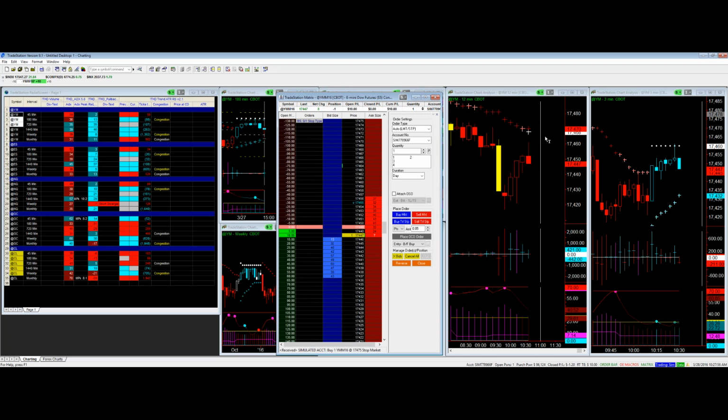Now, I could have waited until the 12-minute finished. Seeing the volume that I'm seeing right now coming into this market, none of it is to the upside. If I wait until the 12-minute ends, the risk might be too high. Does everybody understand that one?